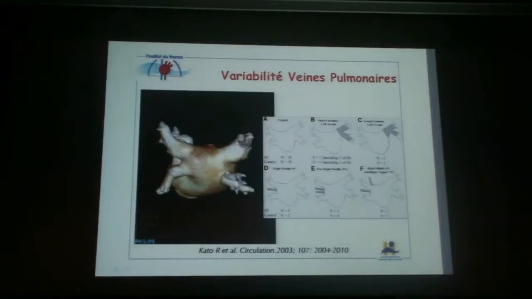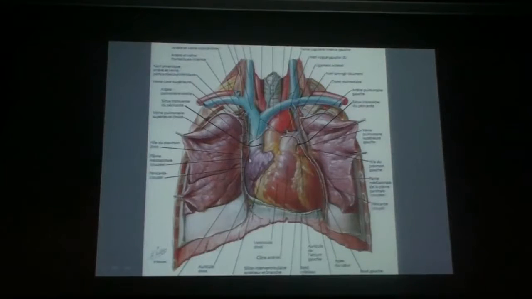This is a CT view representing the back of the left atrium with all the pulmonary veins, and you have variations in the anatomy of these veins, which are important to know, especially when you're working in the field of arrhythmias, knowing that most atrial fibrillations are related to trigger points that are located in pulmonary veins, and that can be easily shut down with radiofrequency ablations.